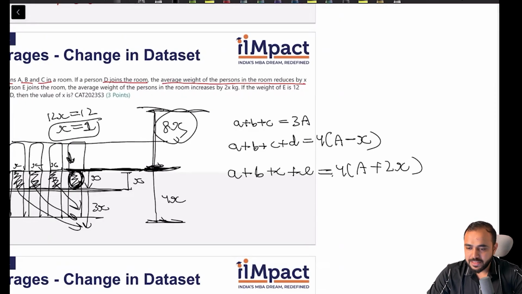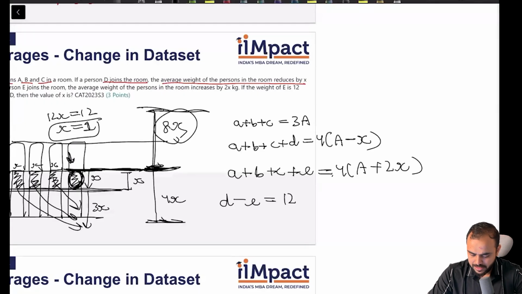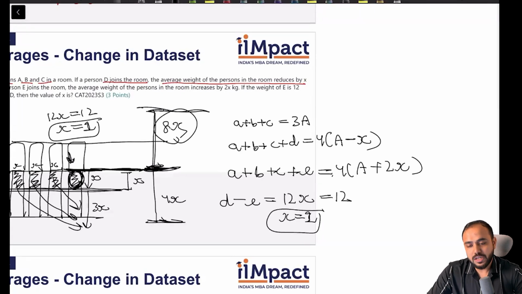Now, if you subtract these two equations, you will arrive at D minus E is equal to 12x directly, which will turn out to be equal to 12. So you will get x is equal to 1. So you can use your standard equations. It is not going to be a problem.